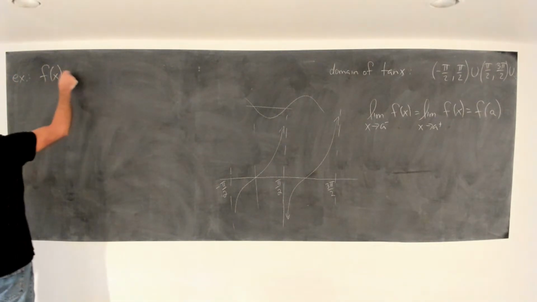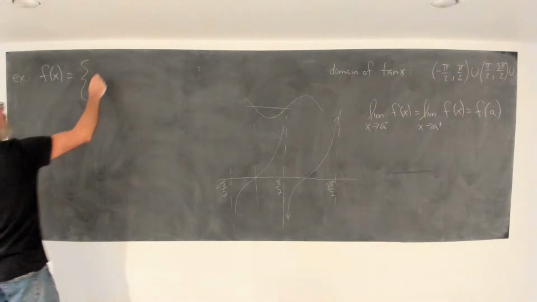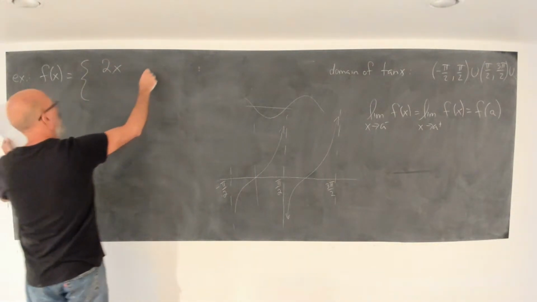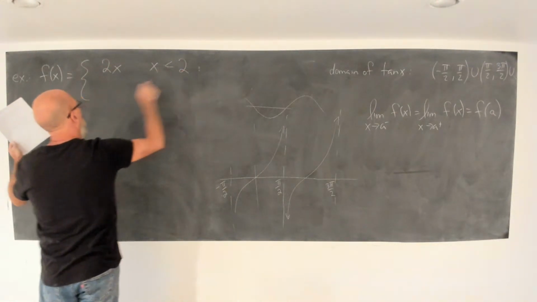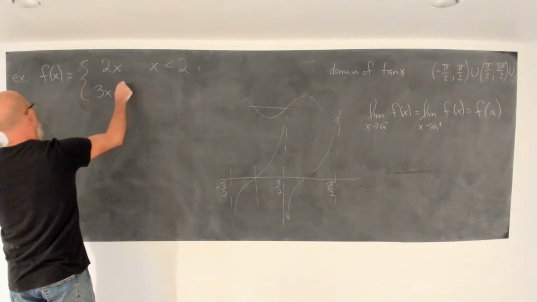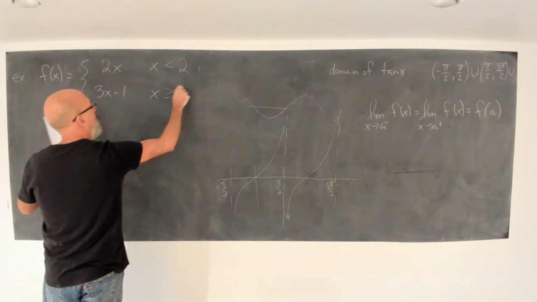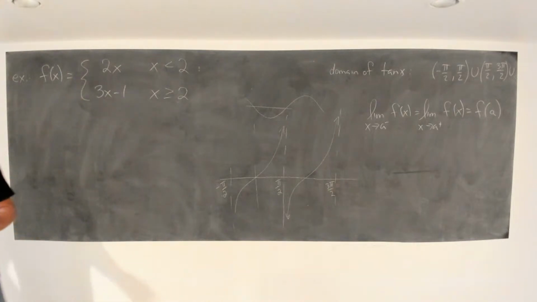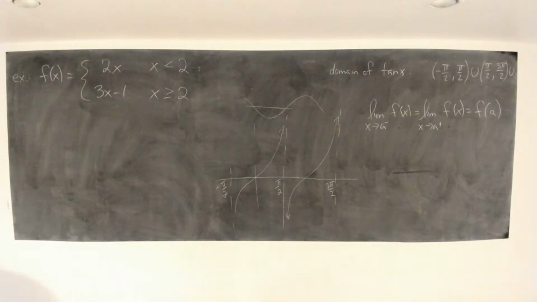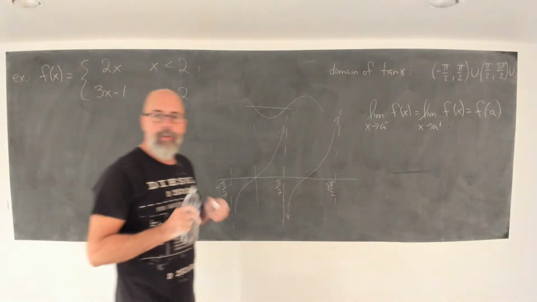Consider the function 2x and 3x minus 1. And let's talk about the continuity of this function.